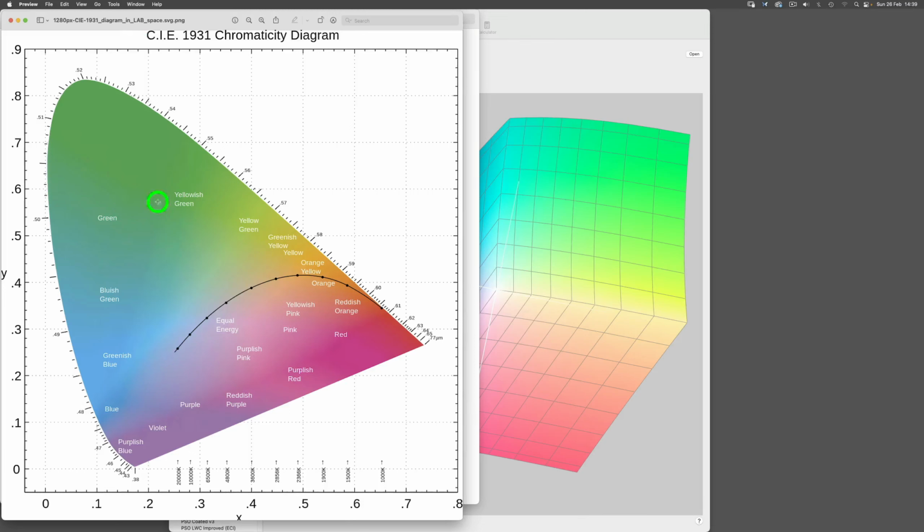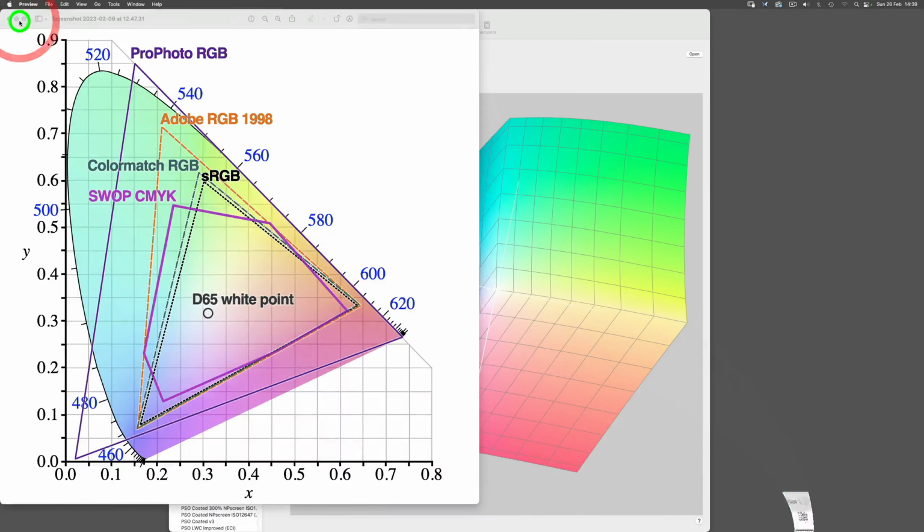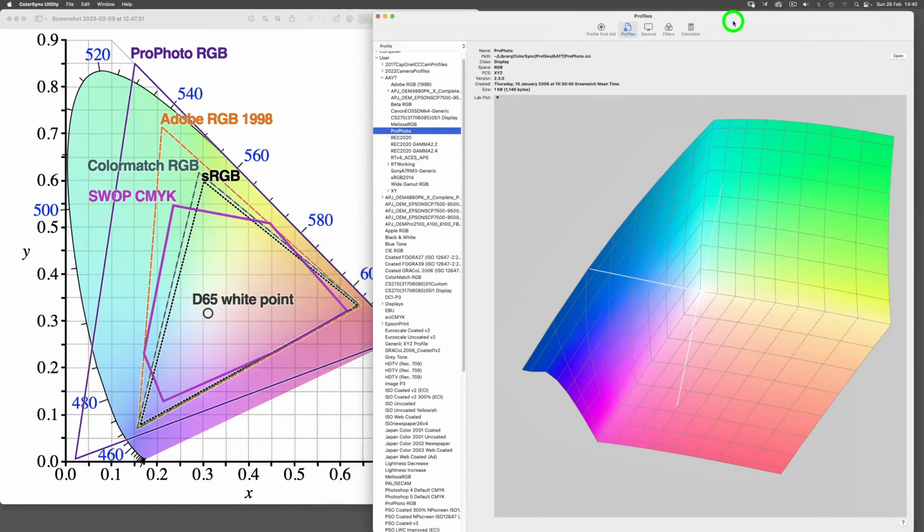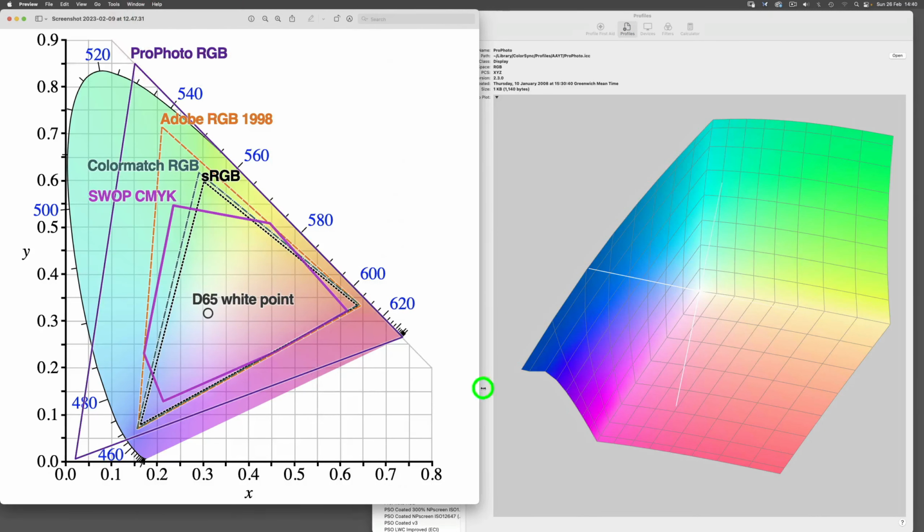So that is the CIE 1931 chromaticity diagram, and so what I'm going to do is I'm going to remove that, and then if we scrunch that over and then scrunch this up a little bit so we can see what we're doing with both applications. There we go.